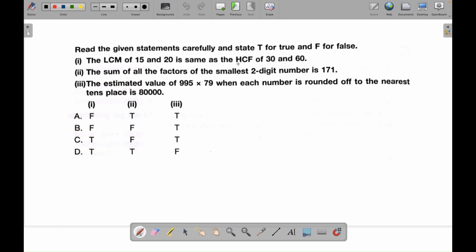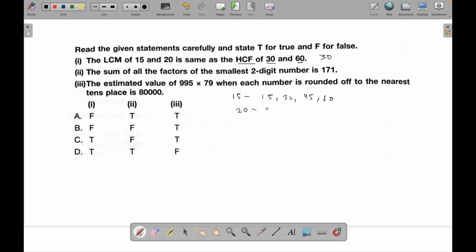Again, we can quickly check that 60 is divisible by 30. So the HCF of 30 and 60 is 30. Now we have to see whether the LCM of 15 and 20 is the same. You can either use the listing method or the prime factorization. Both will be quick. If you use the listing method, you'll get 15, 30, 45, 60, and so on.